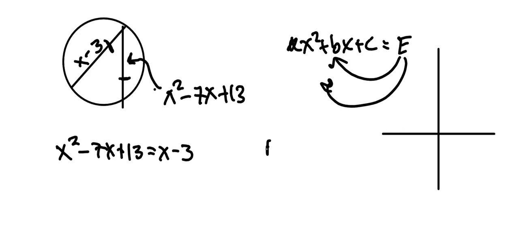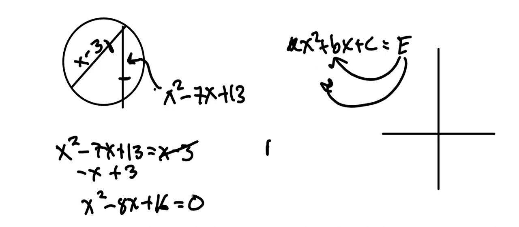So what we're going to do is subtract x and add 3. X squared minus 8x plus 16 equals 0.